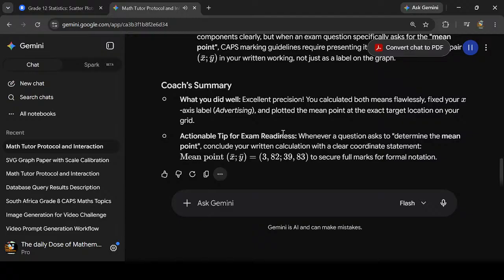You calculated both means flawlessly, fixed your x-axis label, advertising, and plotted the mean point at the exact target location on your grid. Actionable tip for exam readiness: whenever a question asks to determine the mean point, conclude your written calculation with a clear coordinate statement. Mean point (x-bar; y-bar) equals (3.82; 39.83), to secure full marks for formal notation.